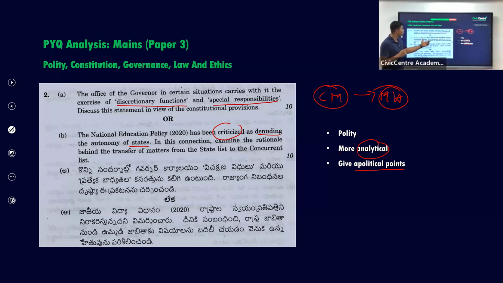That is where you have to take a balanced stand, because the question is, what is the rationale behind the transfer of matters from state list to the concurrent list? State to concurrent list. That is not a good thing, because the authority of the state is coming down. Since it is concurrent list, the authority of the center is coming up. If you see education or forest, they were moved into concurrent list. Okay.